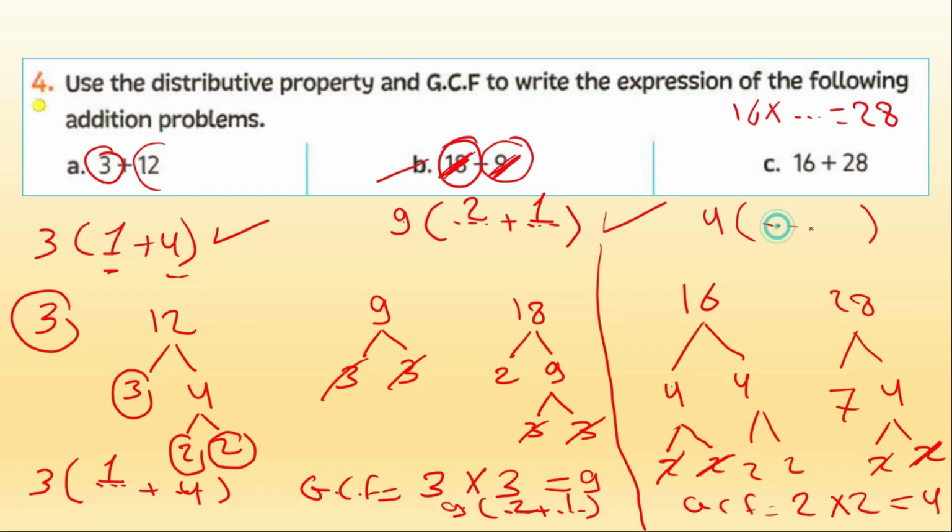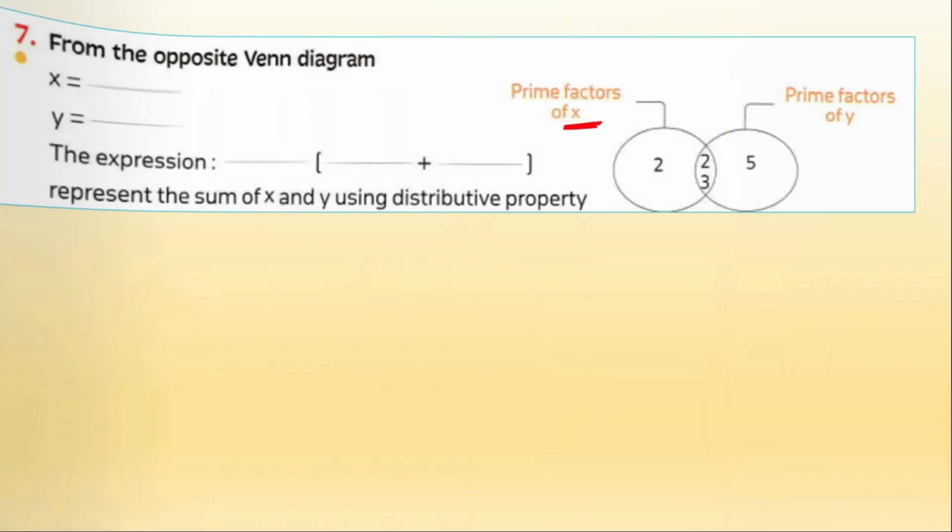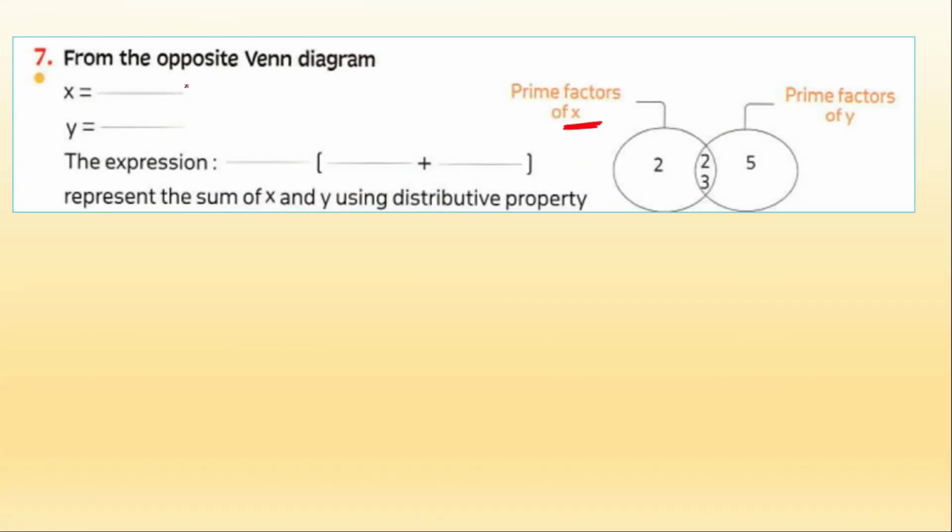Find the two numbers: 4 times which number equals 16? 4 times 4. And 4 times which number equals 28? 4 times 7. Okay. The first one from the opposite Venn diagram: find x, y and the expression.